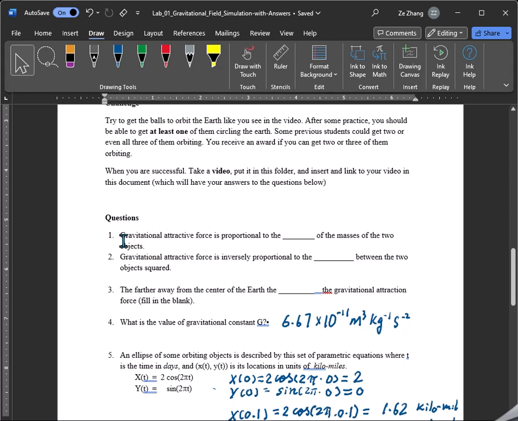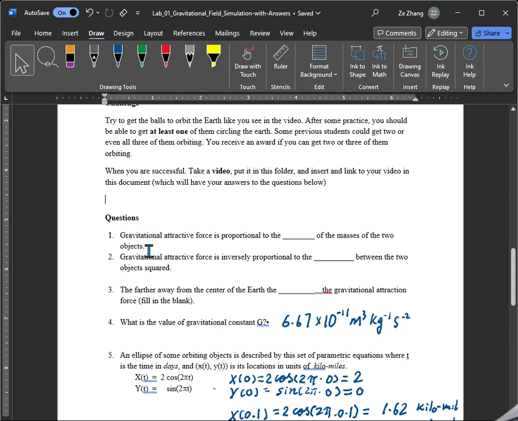Question number 1: gravitational attractive force is proportional to the product of the two masses of the two objects, which means the larger the masses, the stronger the attractive force at a fixed distance.